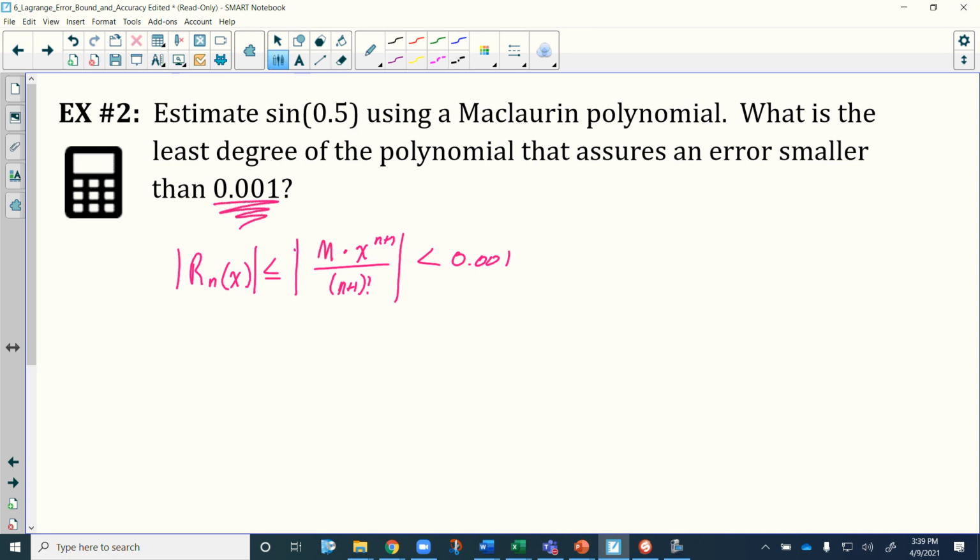Okay, so let's see what we have. In this case, we're estimating at 0.5. So here, I'm going to say r of some degree that I don't know of 0.5 has to be less than or equal to the maximum value. Now, what is the maximum value in this case? They're not really telling us.